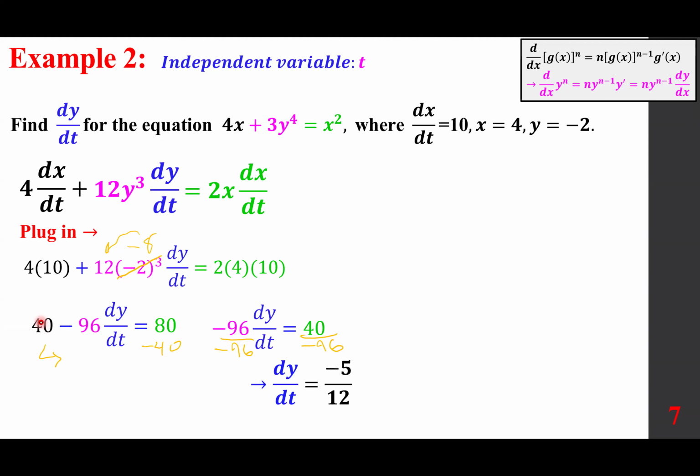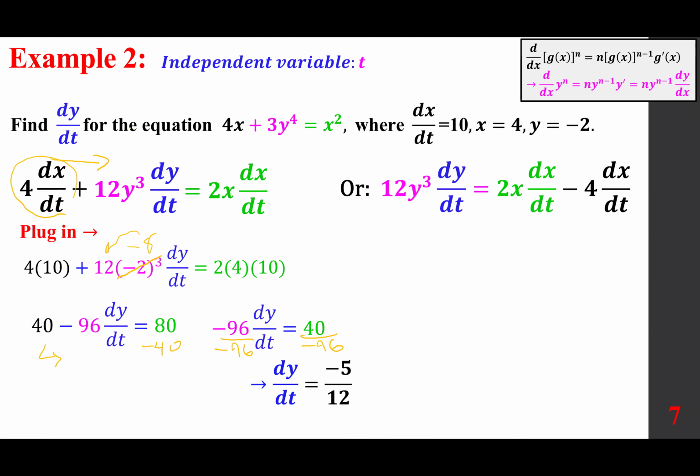However, if they wanted us to solve for dy/dt first and then plug in, that means we should move this to the right, it becomes negative.